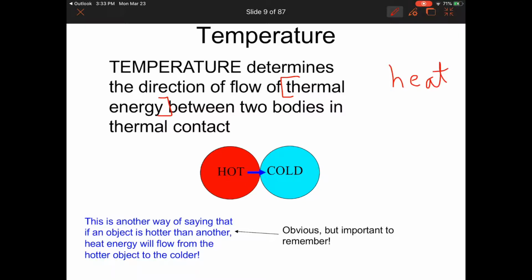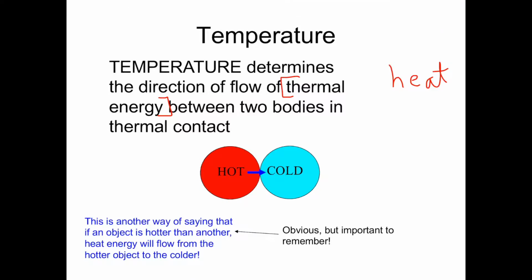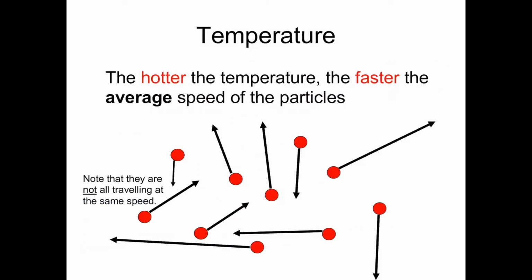So are things really cold? No, they're actually not cold if you wanted to be super scientific about it. Things are not cold. They just contain less heat. That's important. Temperature measures kinetic energy on average of the particles. More movement, more speed on average in the particles of a hot substance.